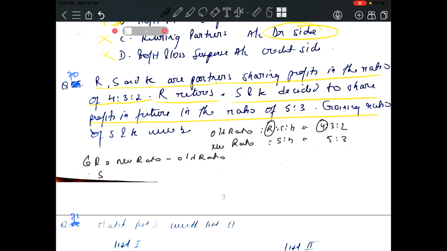What will be S's gaining ratio? New ratio is 5/8 minus old ratio 3/9. If you solve this, it will be 45 minus 24 divided by 72, which is 21/72.